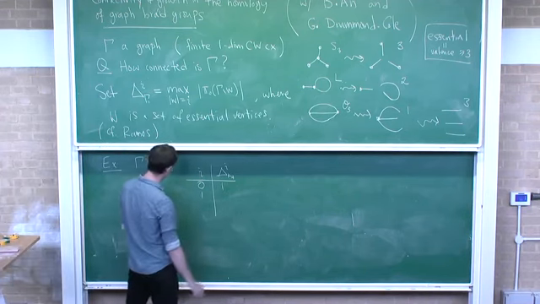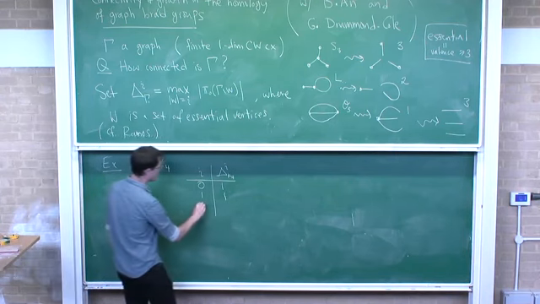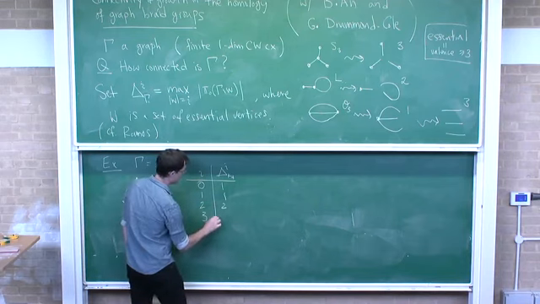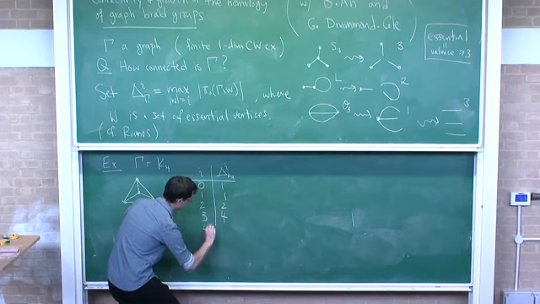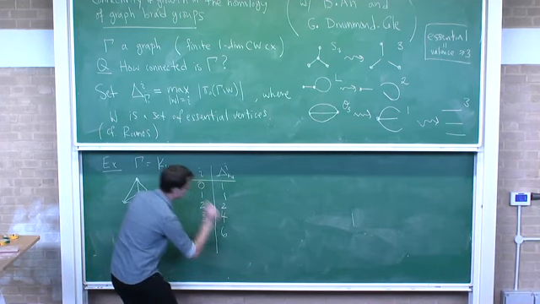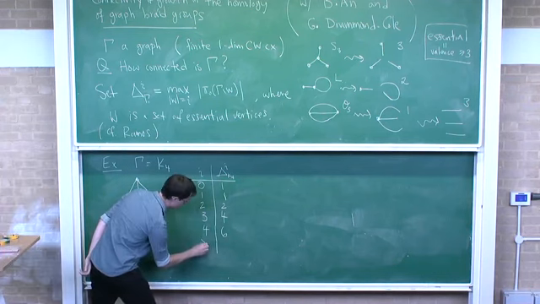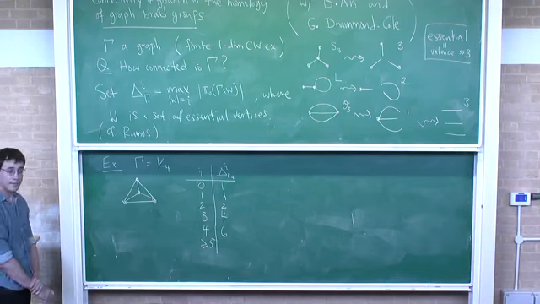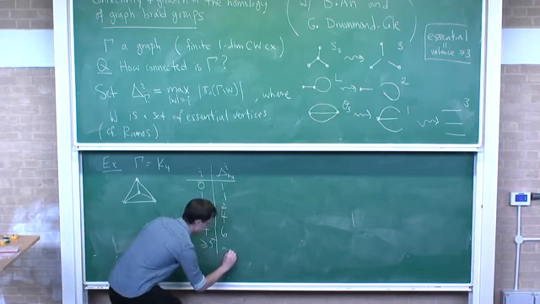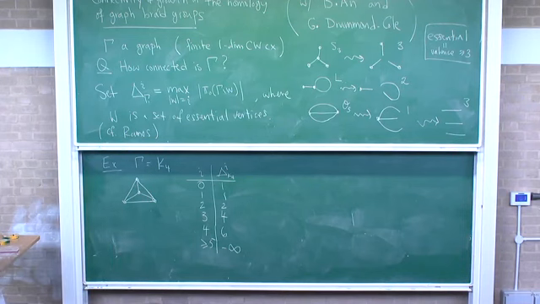If we remove 1, it remains connected, that's 1. If you remove any 2, you end up with 2 connected components. If you remove any 3, you end up with 4 connected components. If you remove all of them, you end up with 6 connected components. And for various reasons, it's good to say that if I remove more vertices than I actually have, then what I get is minus infinity. Okay. Really? Yes.